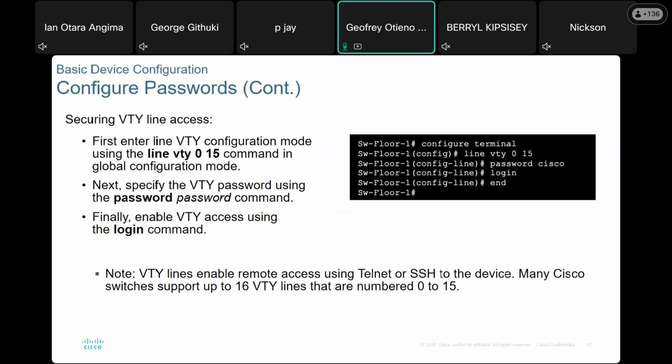And when accessing that, there are various utilities or protocols that are very, very useful: Telnet or SSH. These are the remote access protocols that we have. But we do encourage SSH, not Telnet.